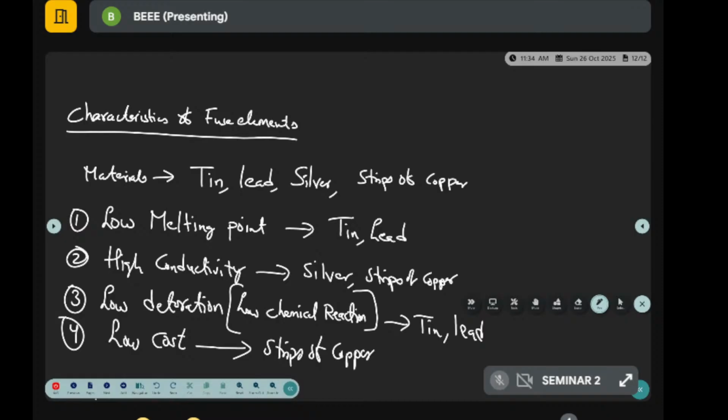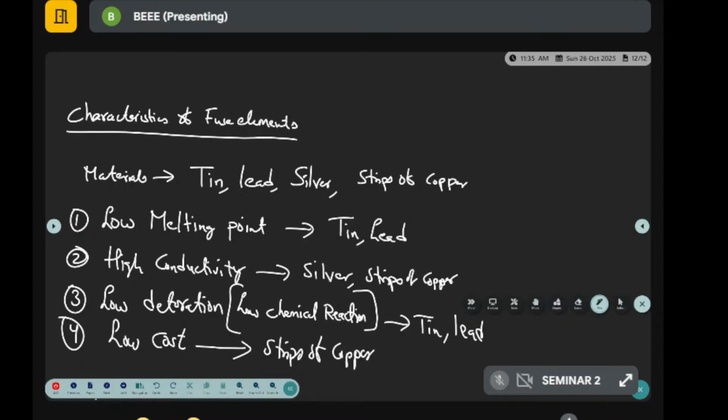Even though each has its individual specialty, tin and lead can be used for the low melting point, but they have high cost and low conductivity. So you may use any one depending upon the location where we are using the fuse. Because no single material has all these four characteristics.